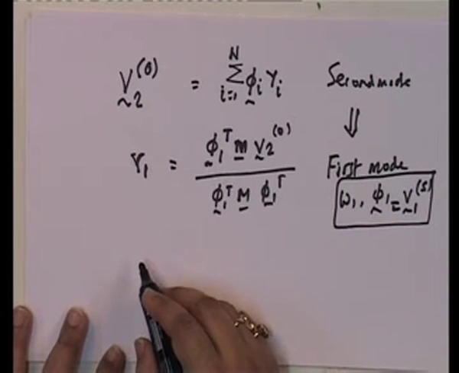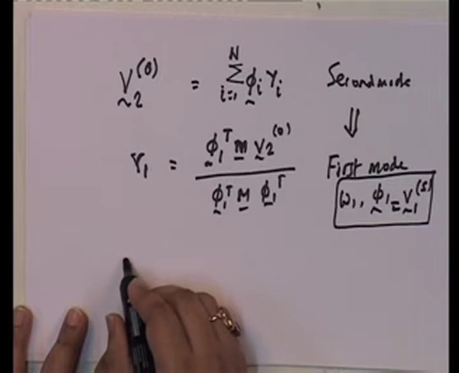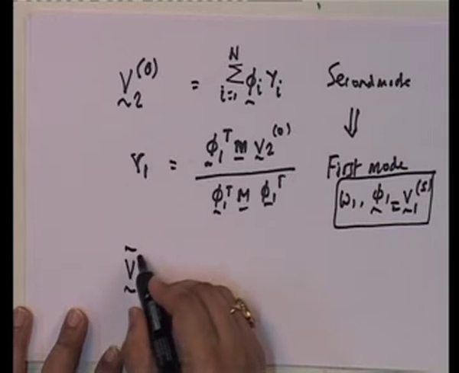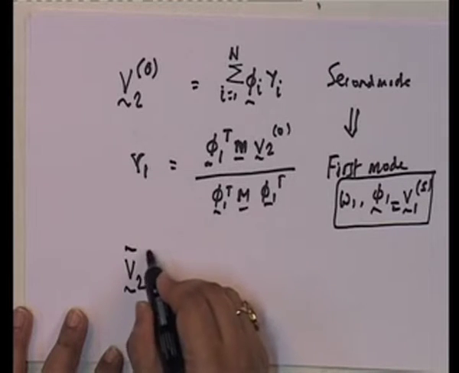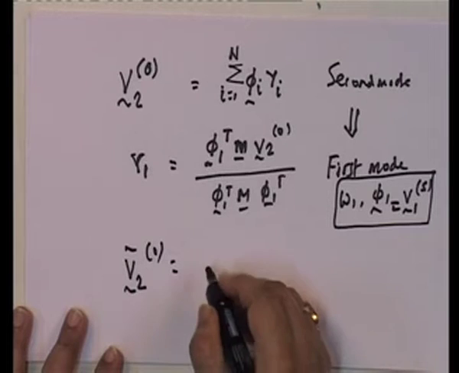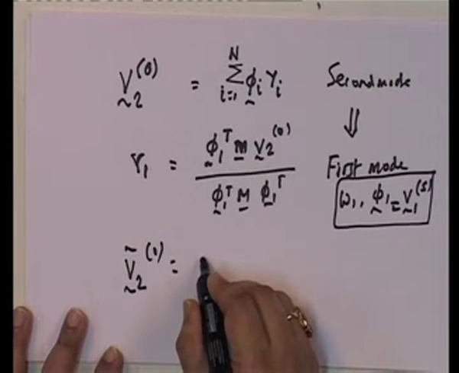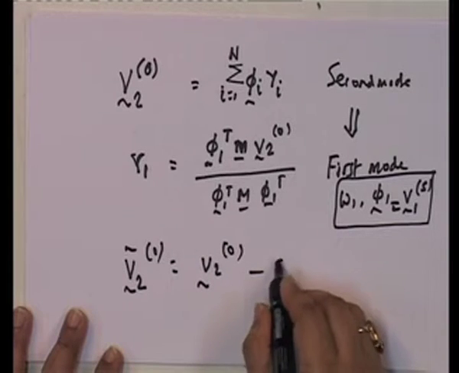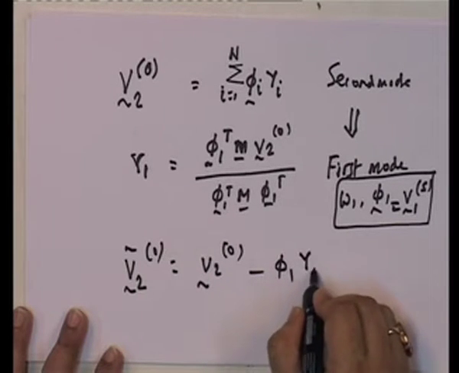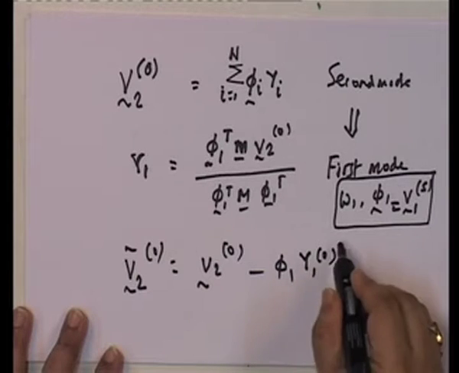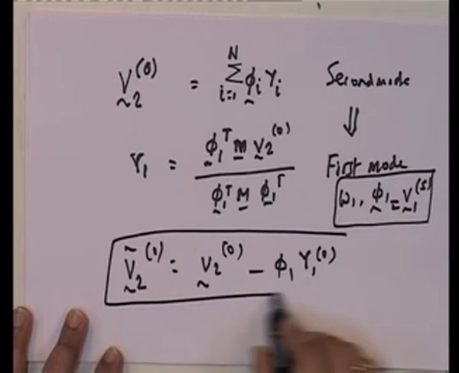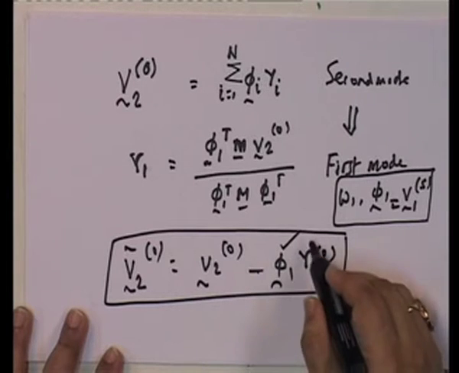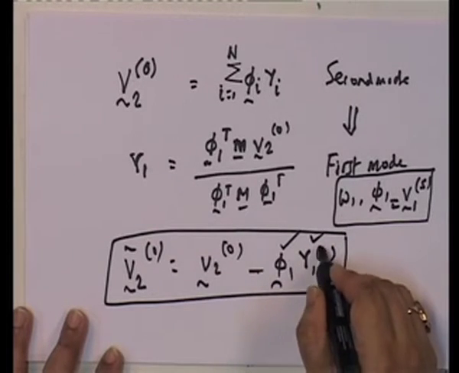And what I do is I find out a new V0 which is V2 0 minus phi 1 y1 0. If I subtract out this, now I know this, okay, I have found this out.